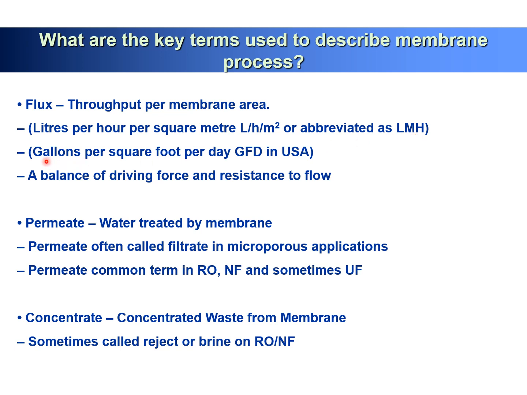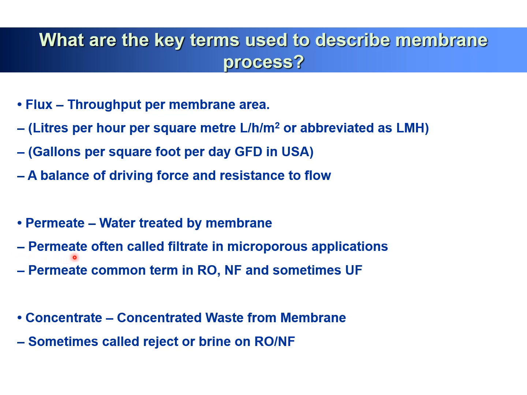In the US, they utilize gallons per square foot per day. Also, we have to make sure of the balance of the driving force and resistance to flow. Permeate is the water treated by the membrane. So we have feed water, concentrate, and permeate.